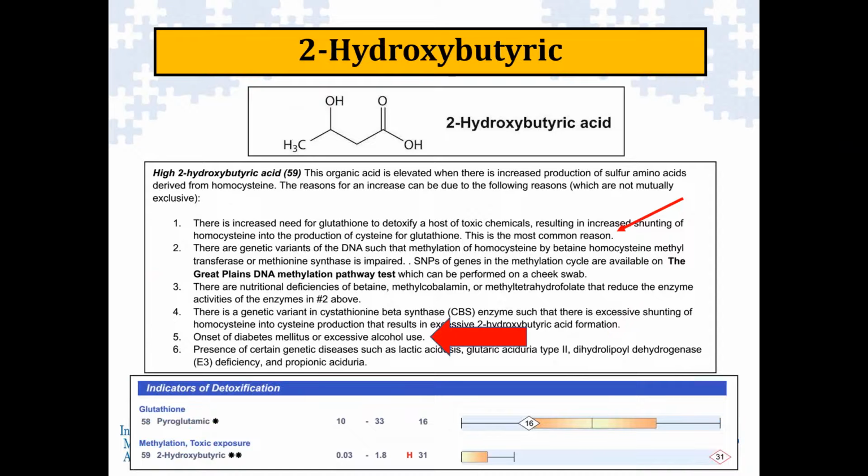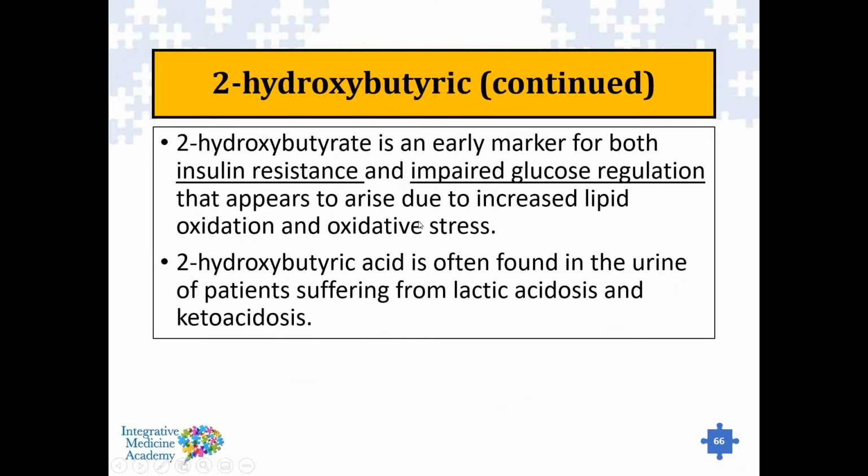One of them being glutathione deficiency for sure, but we could be looking at somebody who has some underlying diabetic condition. 2-hydroxybutyrate is an early marker for both insulin resistance and impaired glucose regulation. It can be elevated in people with ketoacidosis or lactic acidosis, including diabetic ketoacidosis.